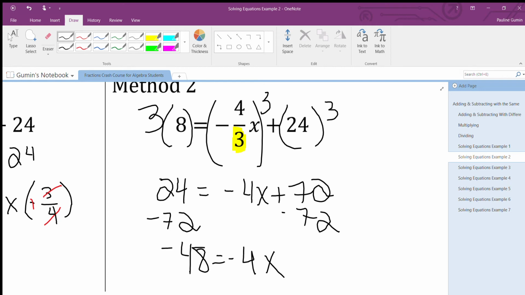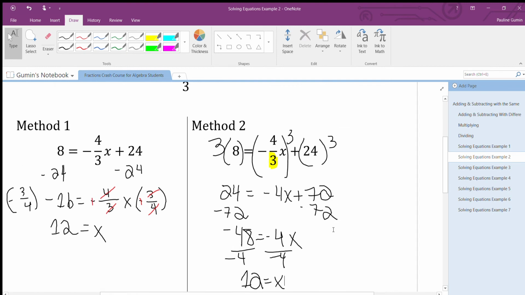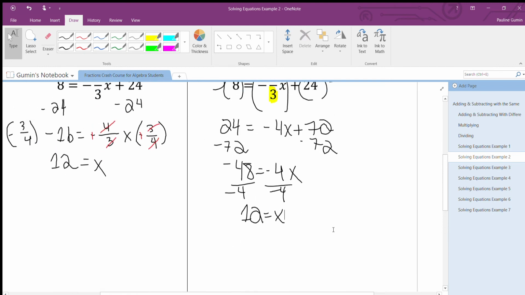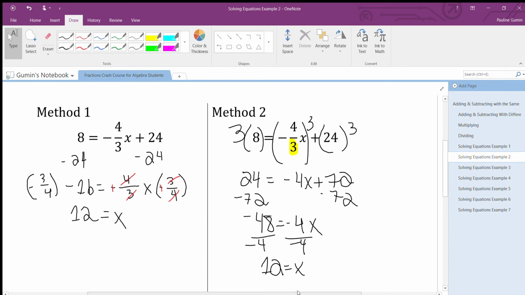Okay, we finished this problem by dividing by negative 4, and 12 is our answer. Two different methods, same answer, a matter of preference.